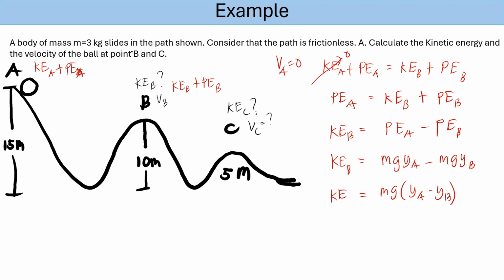That will be the value of your kinetic energy at point B. So the kinetic energy at point B will be equal to the mass 3 kilograms times the gravitational value 9.81 meters per second squared multiplied by the difference of the heights A and B. That is 15 meters minus 10 meters.